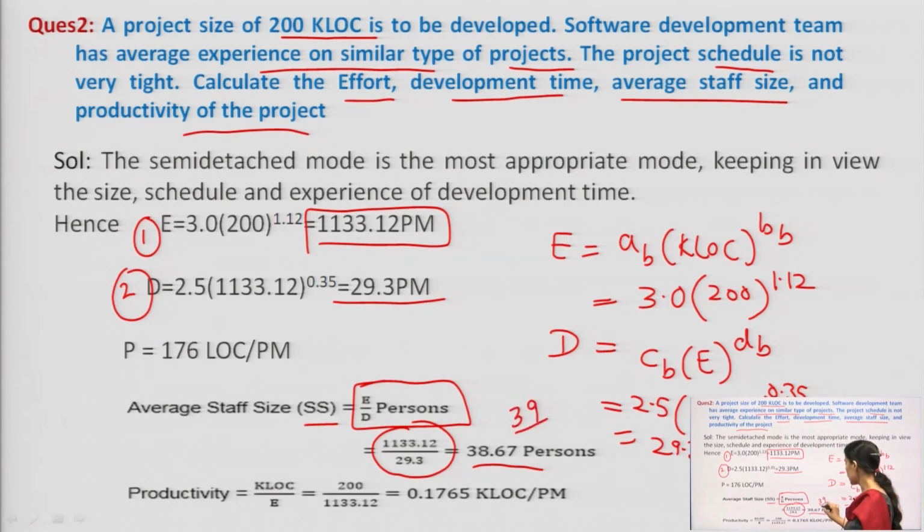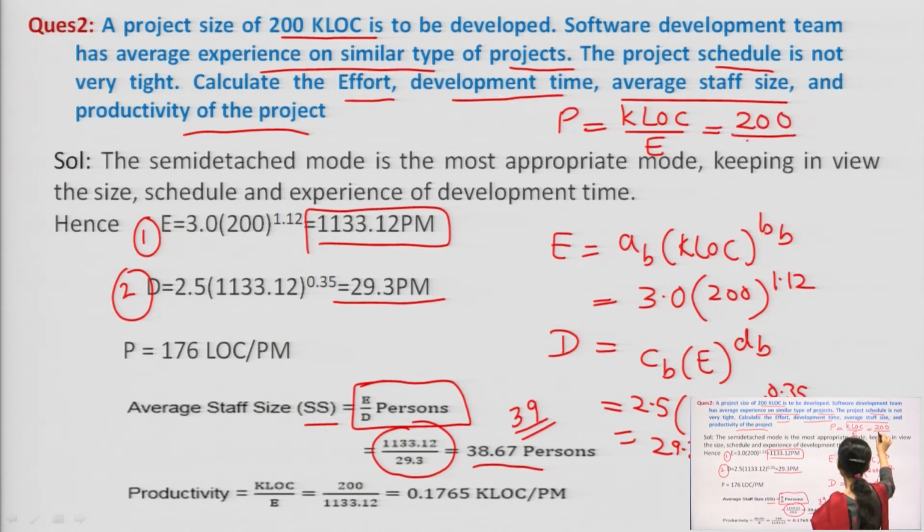Then calculate the productivity. Productivity is termed as KLOC upon E. This KLOC is 200 in this program, and the effort I have calculated in my first part is 1133.12.